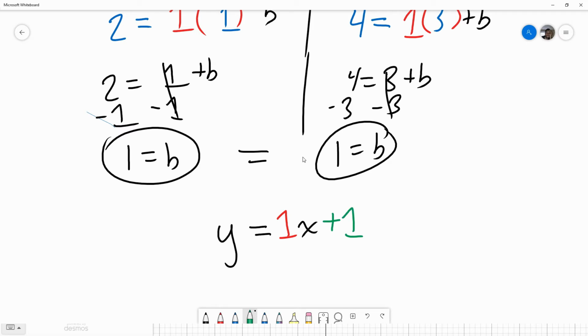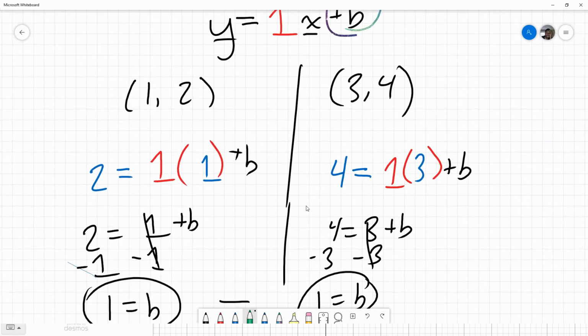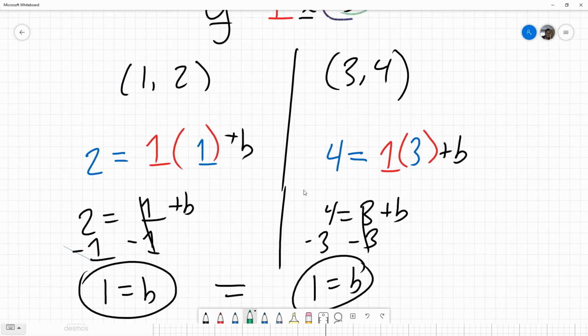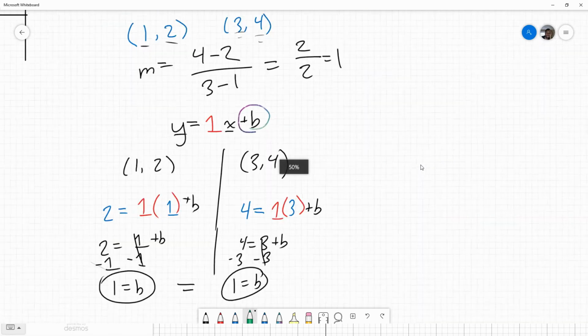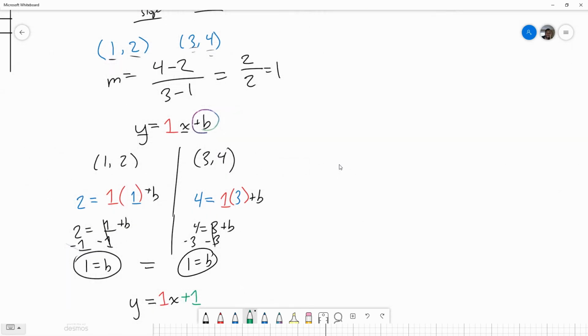Now, to be fair, you won't always get easy whole numbers like this. A lot of times you might even get fractions, and that's okay. So I'm going to show you an alternate method in which to solve for this using the same exact numbers. We already established that my slope is 1. And I have my points 1, 2, and 3, 4.